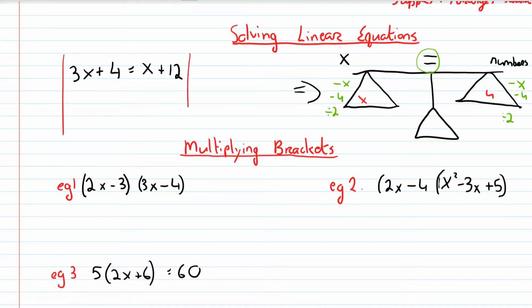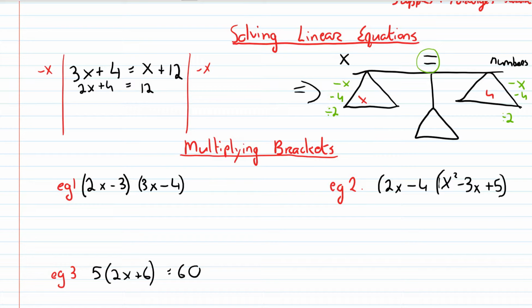We put in our stabilizers, and I want my x's on the left side, so I'll take away x here. I must do the same to the other side. So 3x plus 4, take away an x, we'll be left with 2x plus 4 equals, and again I take away an x here, so I'll be left with 12.